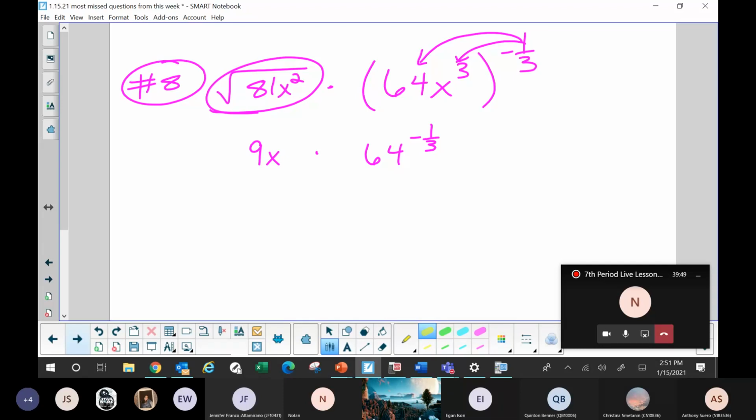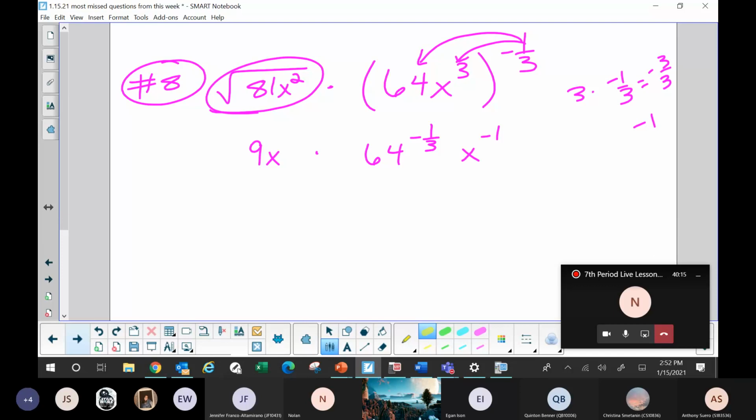Okay. And then 3 times negative 1/3. That's just negative 3/3, which is just negative 1. See how I got that? Okay, I'll take that as a yes, unless you say otherwise.